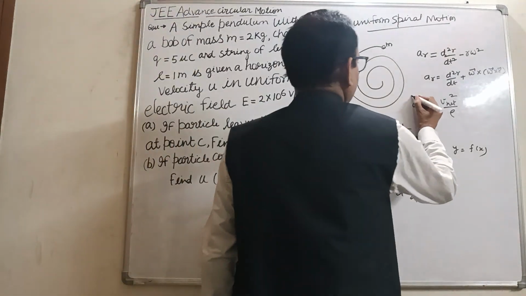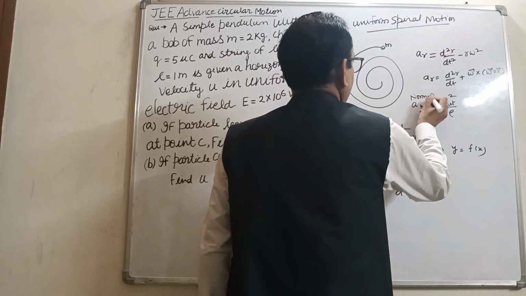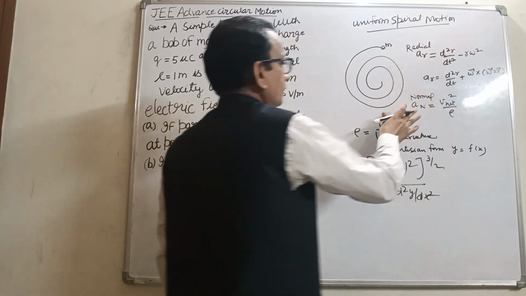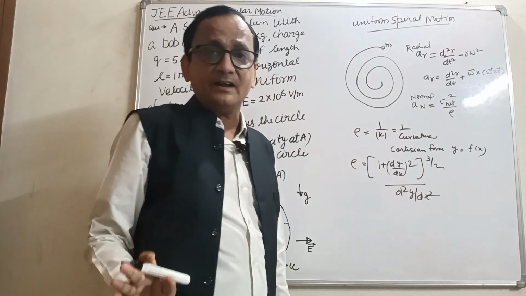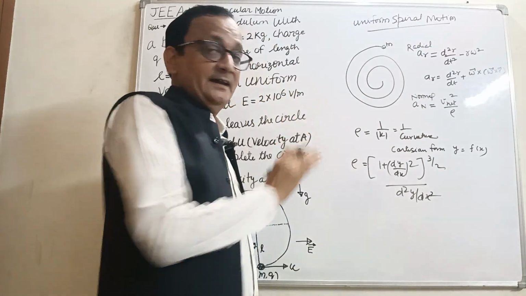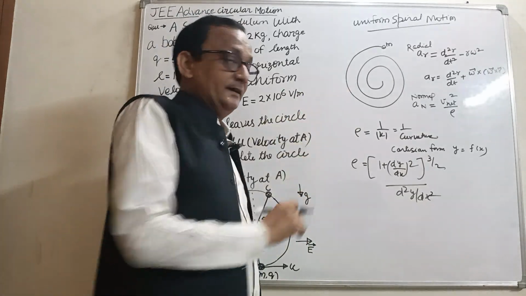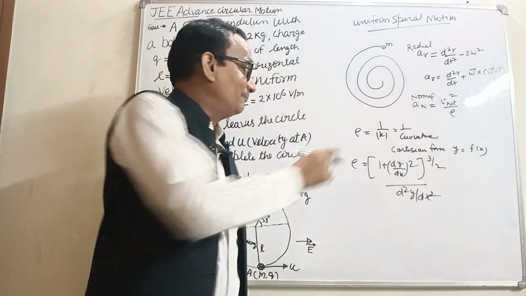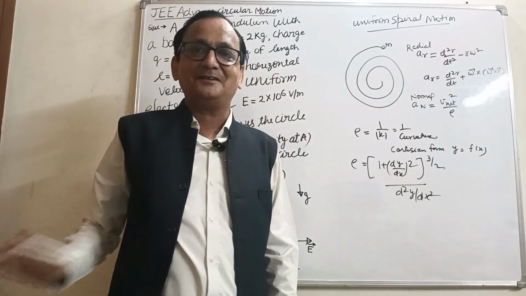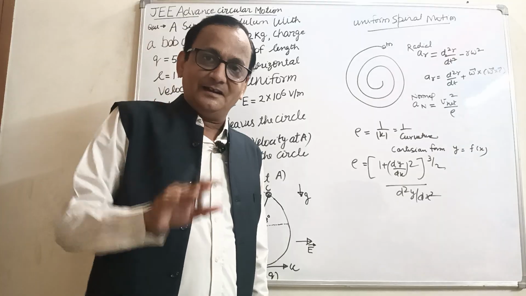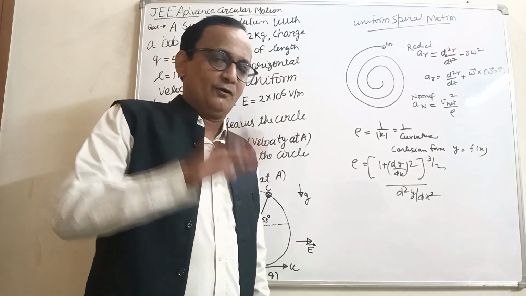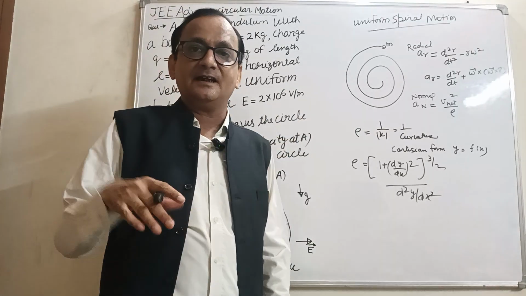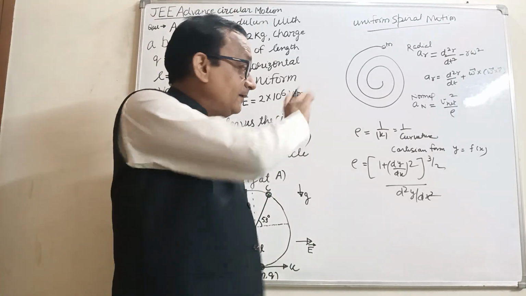So this is normal acceleration, this is radial acceleration. So here the normal and radial acceleration are different. While we talk about the circular motion, the radial and normal acceleration are the same, but here normal acceleration and radial acceleration both are different. In uniform circular motion or non-uniform circular motion, we take the radial acceleration and the normal acceleration the same, but here they are different.